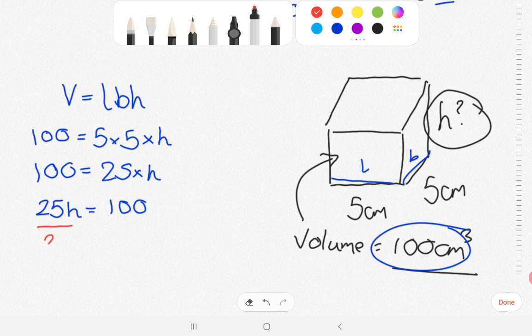We don't want it multiplied by 25, so we're going to divide it by 25, but if we do that to one side, we've got to do it to the other. 25 divided by 25 gives me 1, so I'm left with 1h, which is what we wanted. We wanted to work out the height. And how many 25s go into 100? The answer would be 4. So that's telling me that the height of this cuboid is 4.